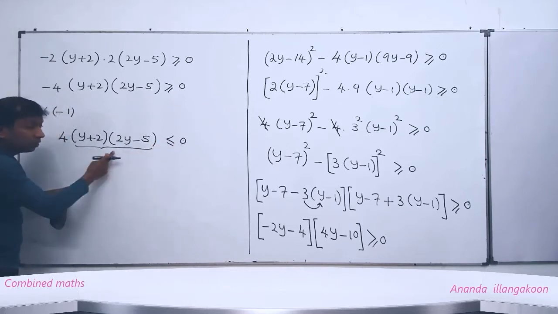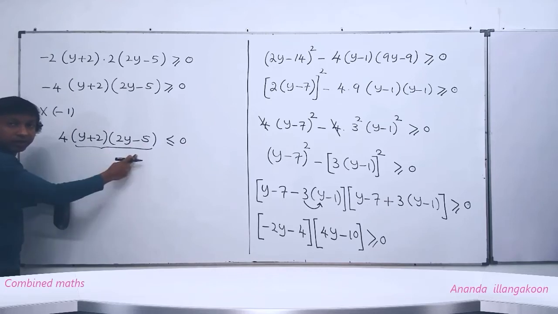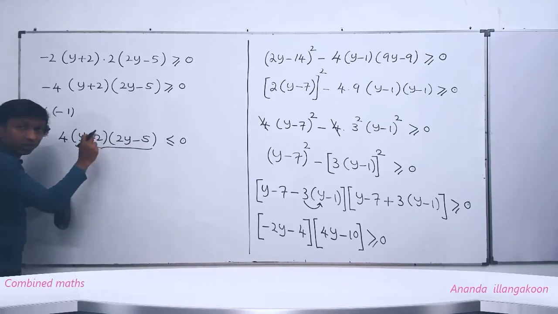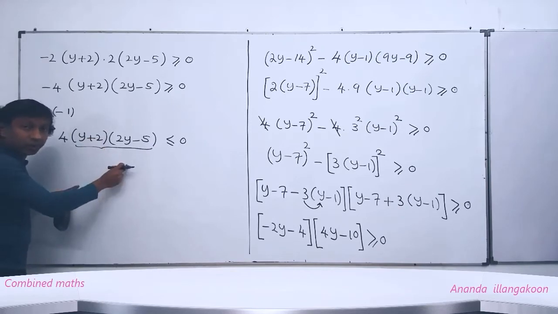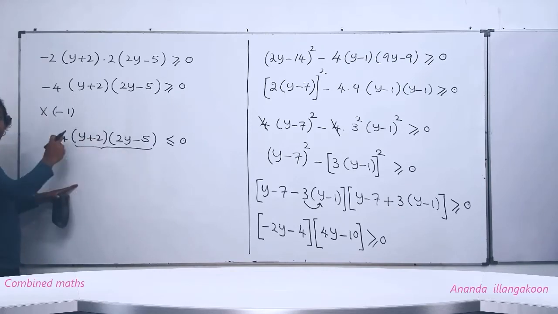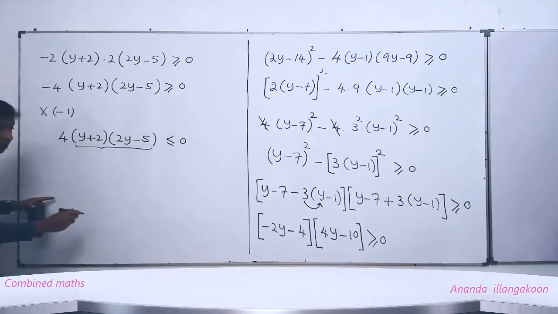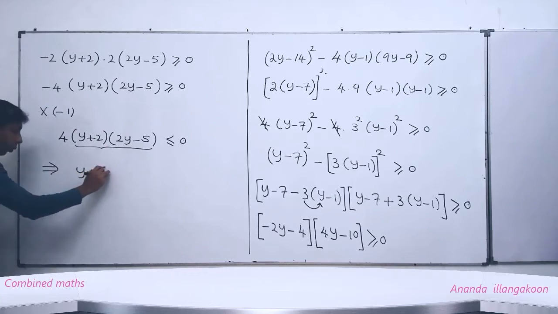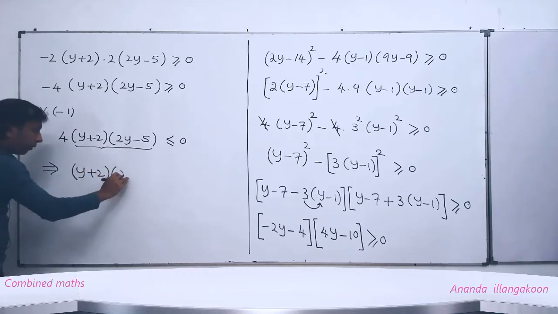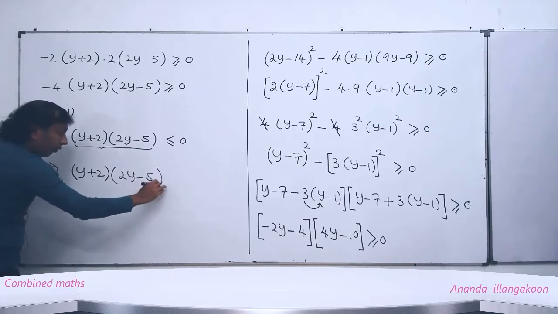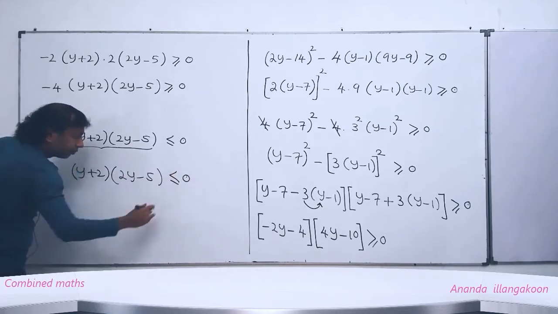Then this should be either negative or 0. Then only when it is multiplied by this 4, this product can be negative or 0. So therefore I can write this implies that y plus 2 times 2y minus 5 is less than or equal to 0.